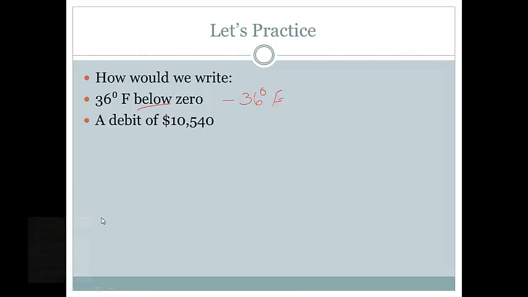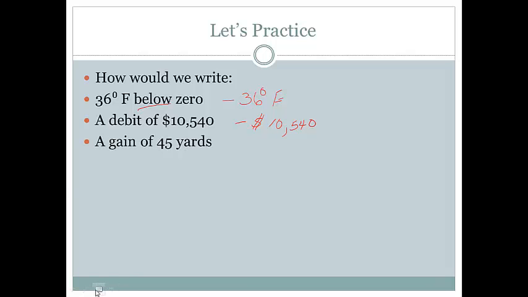Here is a debit of 10,540. A debit is something you owe. It's money that you have to pay. So we put a negative sign in front of it to show that it is a negative number. Here is a gain of 45 yards.